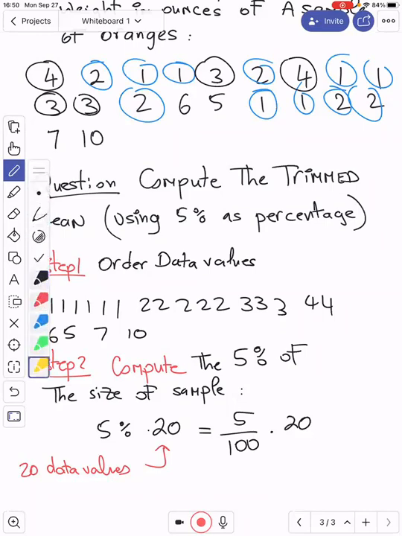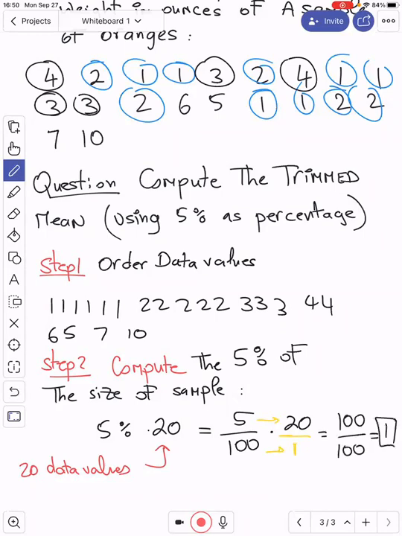You can make it look like a fraction by dividing by 1. Then you multiply straight across. 5 times 20 is 100, and 100 times 1 is just 100. So 100 over 100 would be 1. Here we don't have to round the number because 1 is a whole number.